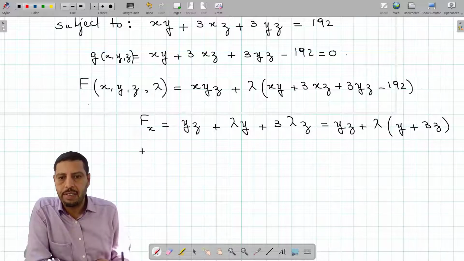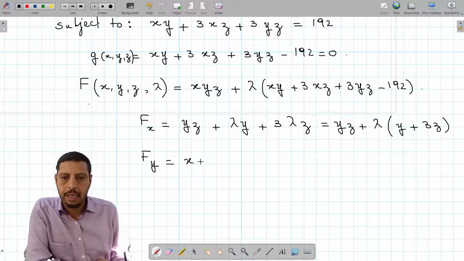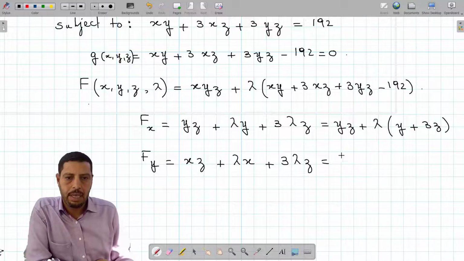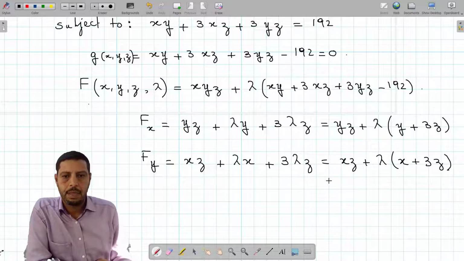The second partial derivative is Fy. It can be written as xz plus lambda x plus 3 lambda z. So it can be written as xz plus lambda times (x plus 3z).